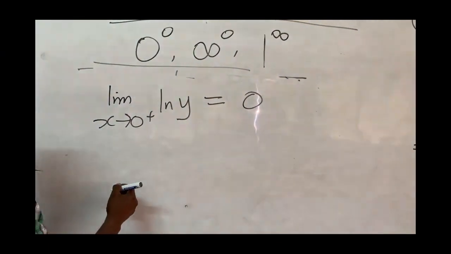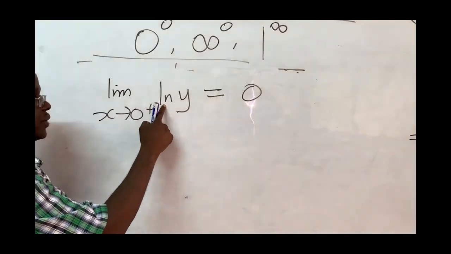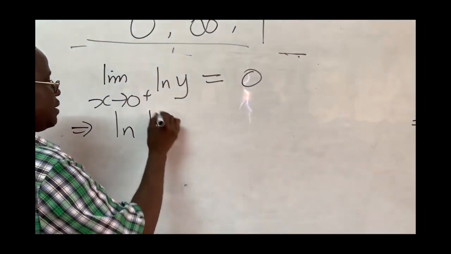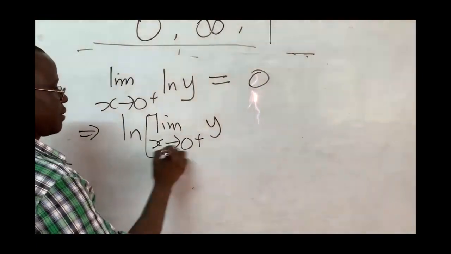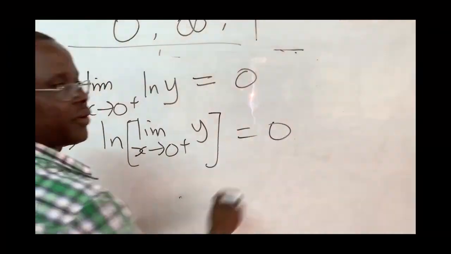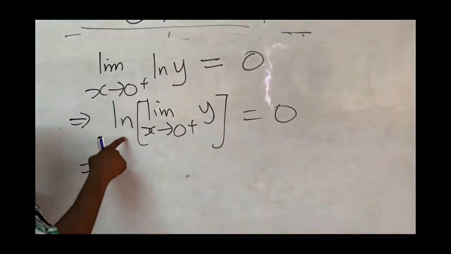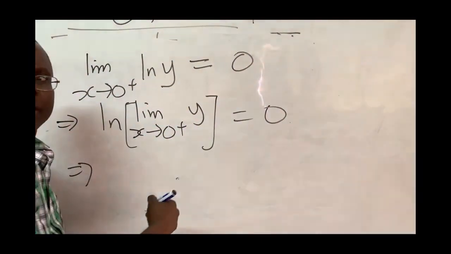All right, good. Again, because ln is continuous, we can rewrite this as the ln of the limit as x goes to 0 plus of y. This is equal to 0. This implies that ln is log to the base e, so it means all of this is equal to e raised to this power.